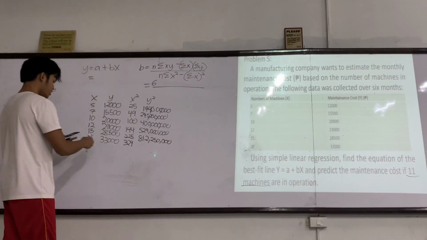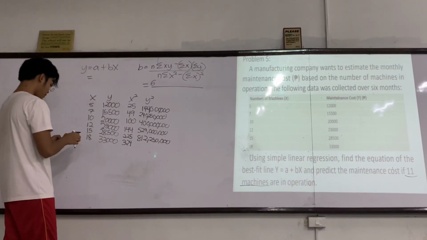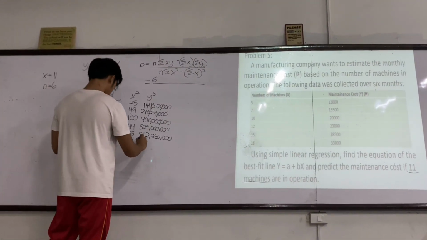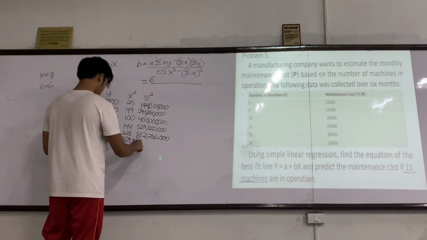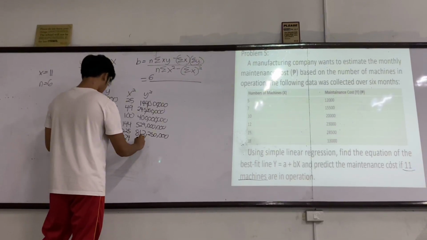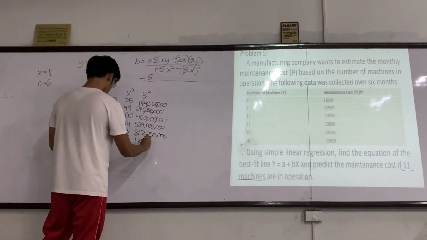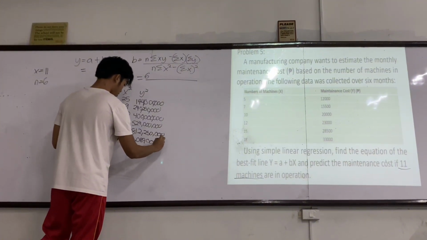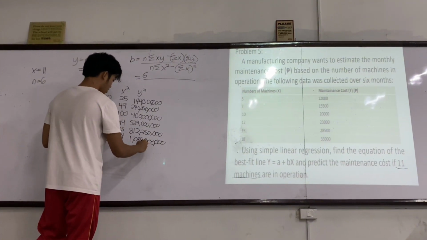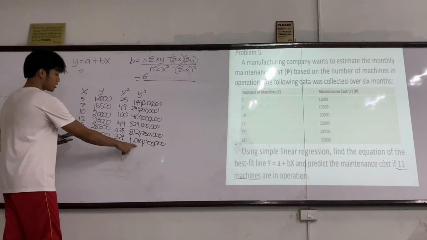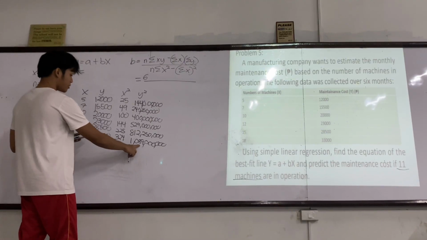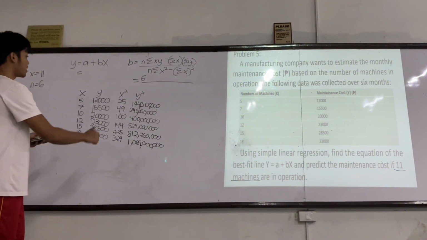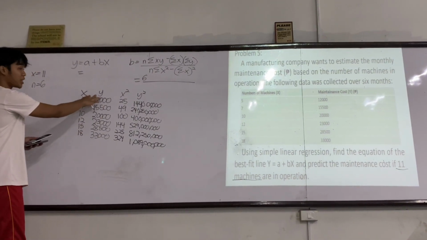And lastly, the 33,000 squared, we have a value of 1.089 billion. So the next, or the last thing, is to multiply x and y.